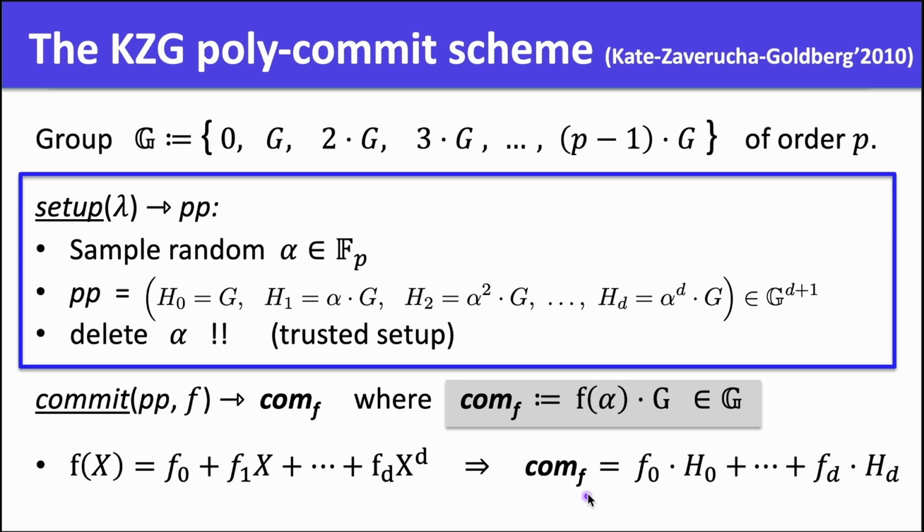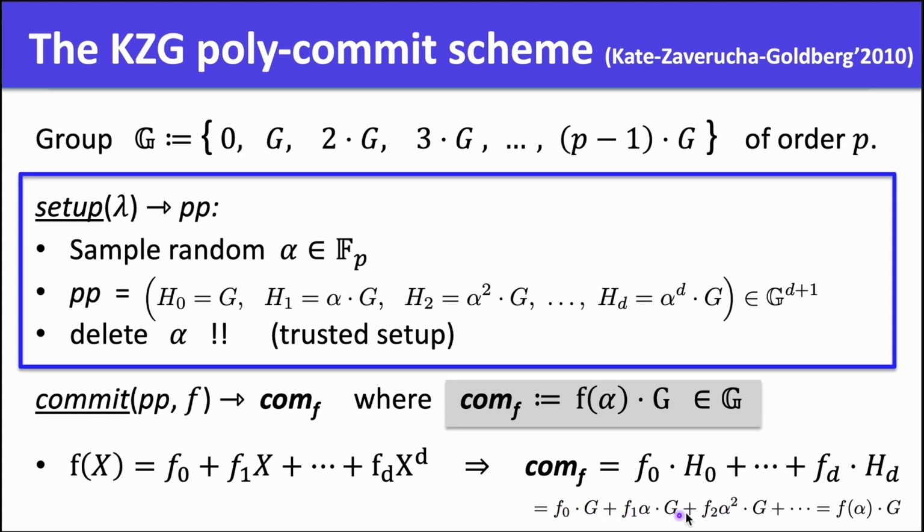And the way it will compute f of alpha times g is it will just use the values in the public parameters. In fact, the commitment string is going to be equal to f0 times h0 plus f1 times h1 plus f2 times h2 up to fd times hd. Now, if you expand this out just a little bit, let's plug in the values for the h's. Recall h0 is equal to g, h1 is equal to alpha times g, h2 is equal to alpha squared times g.